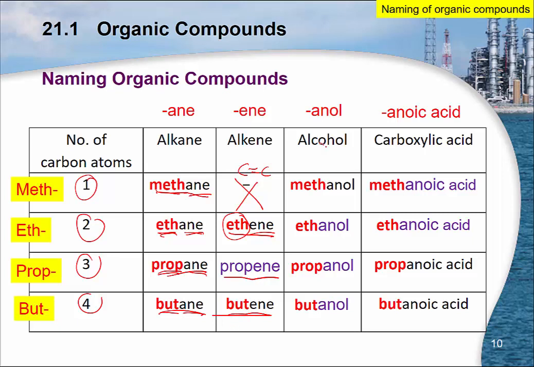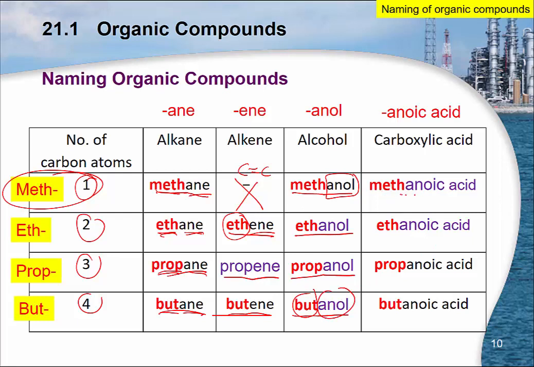Now let's look at the next column, the alcohol family. Alcohol ends with ANOL. So one carbon, if you look at the front, one carbon is always METH, so it's methanol. Two carbon, ethanol. Three carbon, propanol. And four carbon is butanol. It's very simple, right? It's always the number of carbons followed by the family name.